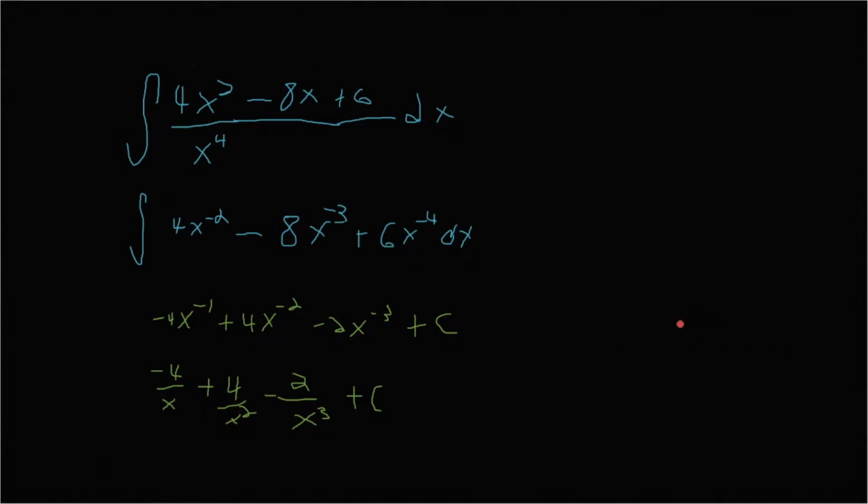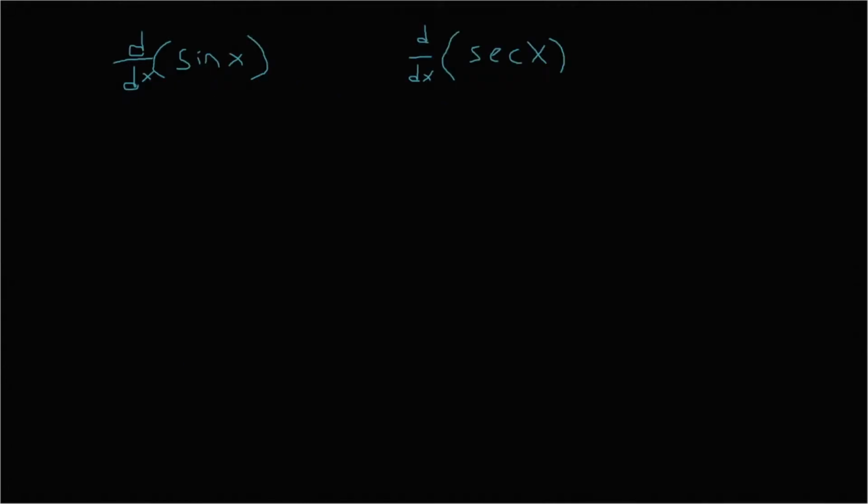Now we're going to do one with trig. Alright, so with trig, it's a bit different, because you kind of have to think backwards to an extent. So let's start with thinking of the derivative of sine x. You kind of have to know these. There's no real trick to memorizing them, or just a rule.